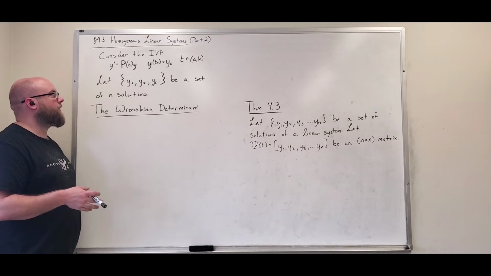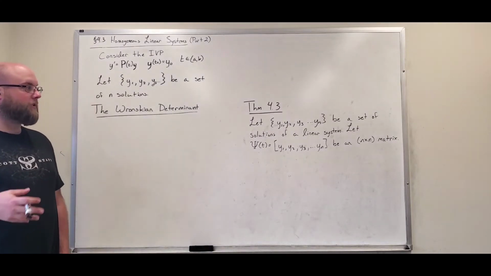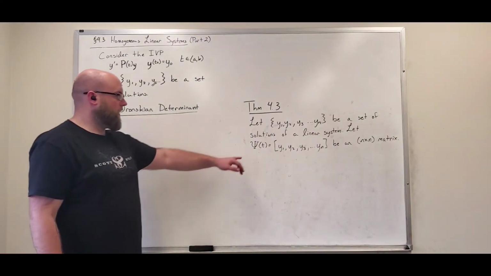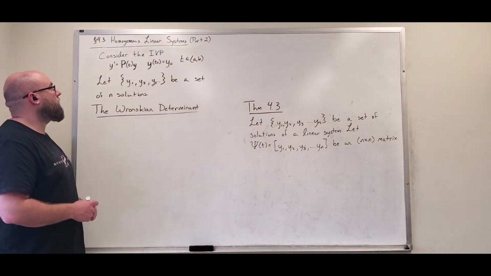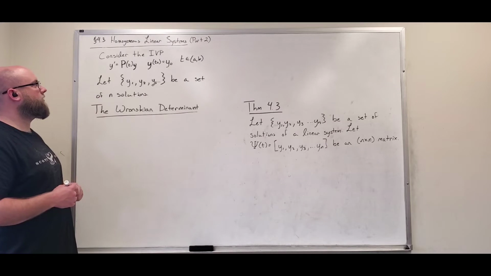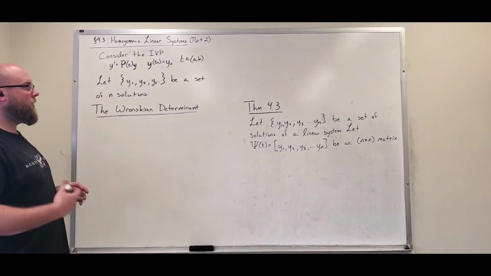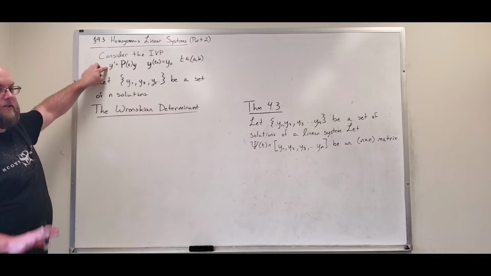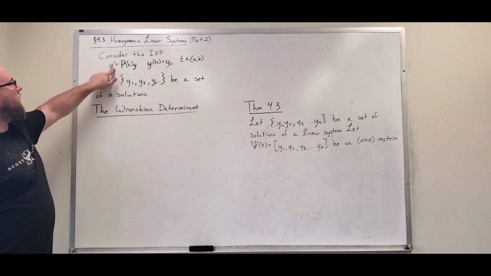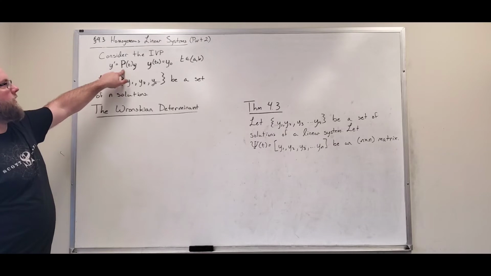We saw previously that there's a psi involved, and that is to help with notation. So let's generalize this, and we will go back to our problem. Consider the IVP, dealing with a linear system: y prime is equal to P of t times y.